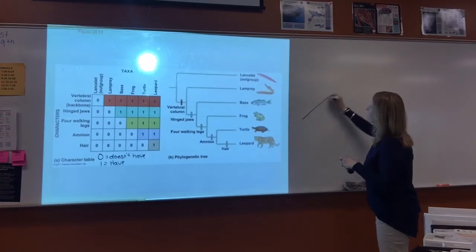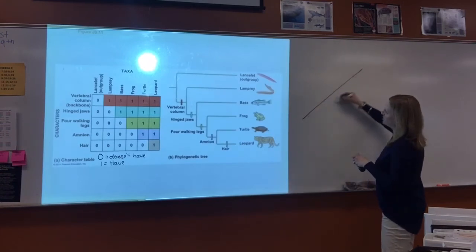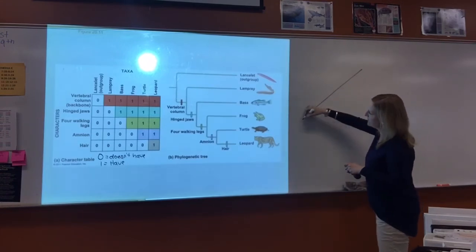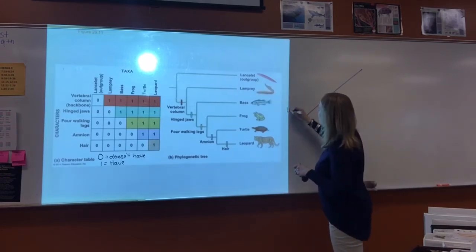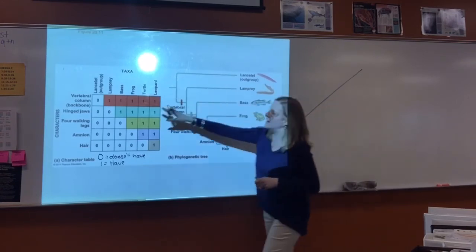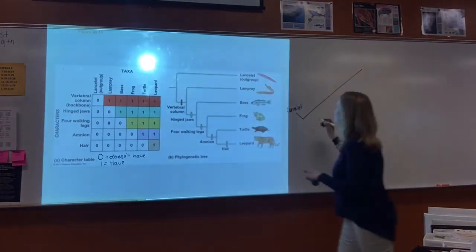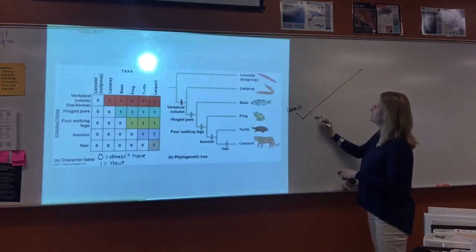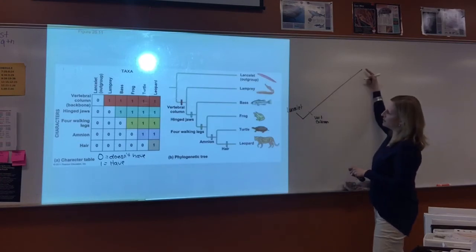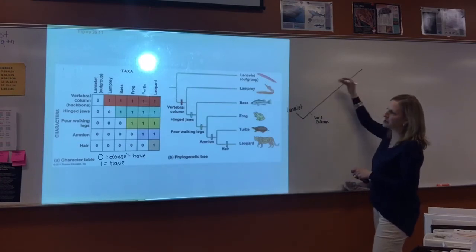In a cladogram you draw a straight line, and you have your ancestral organism, so we have the lancelet coming off, and the lancelet doesn't have any of the characteristics. Then we can put here the vertebral column, and that means that any other organism on this line has a vertebral column.